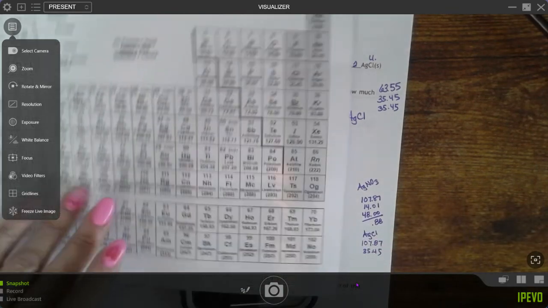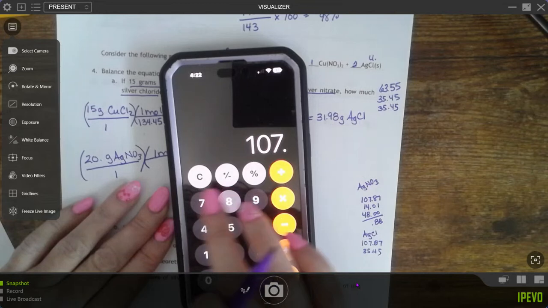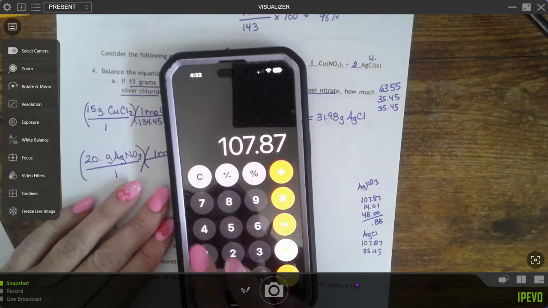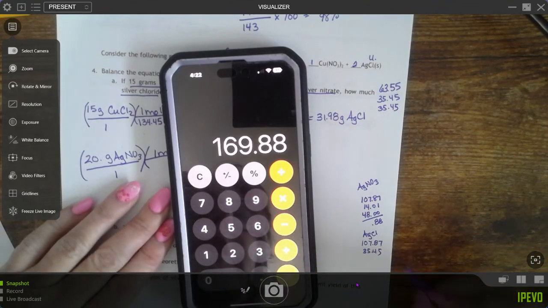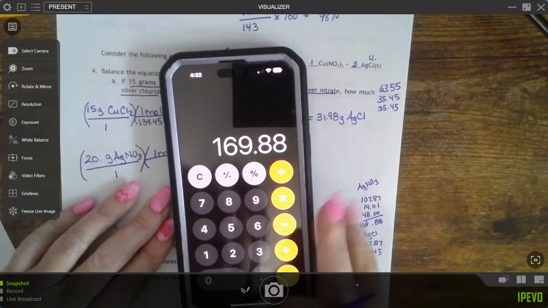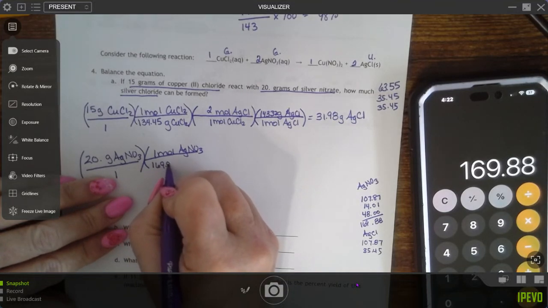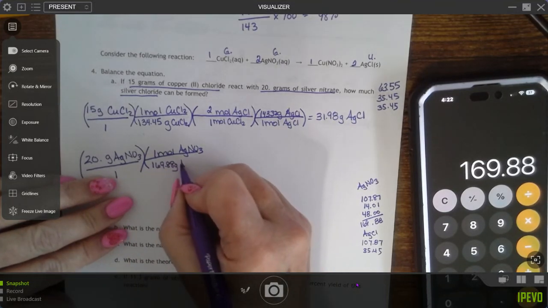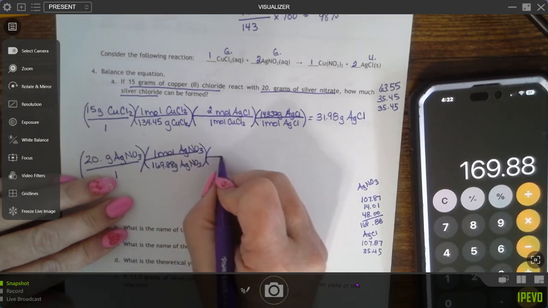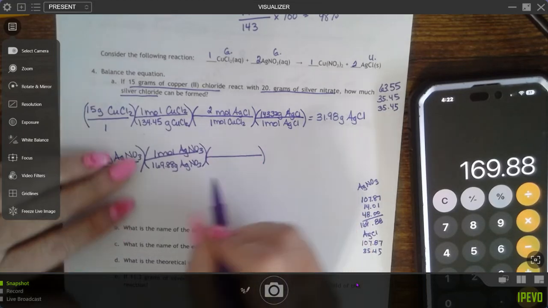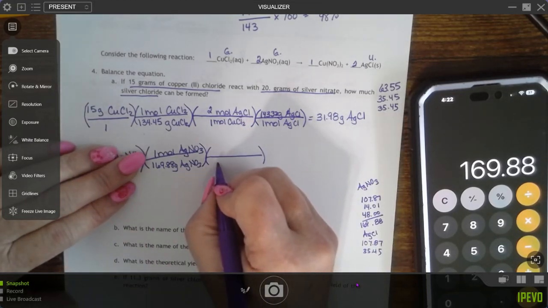Let's use our calculator so I don't make a silly math error. 107.87 plus 14.01 plus 48 is 169.88 grams. So that goes here. Our next step is our mole ratio step. So we're converting from moles of silver nitrate to moles of silver chloride.